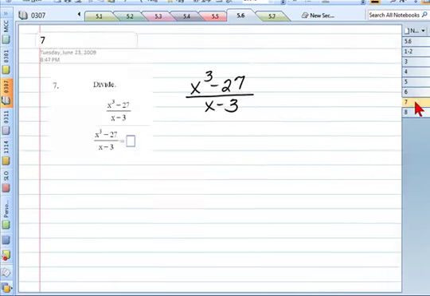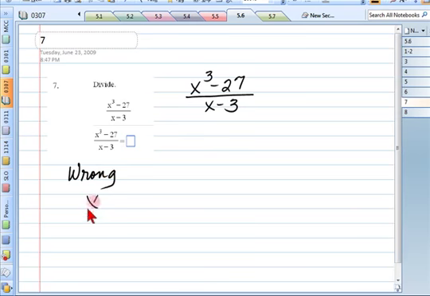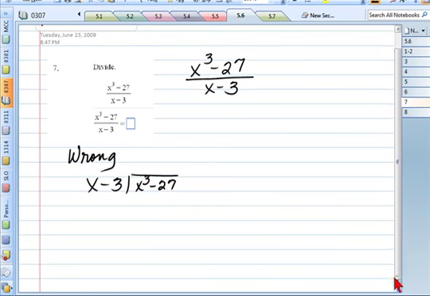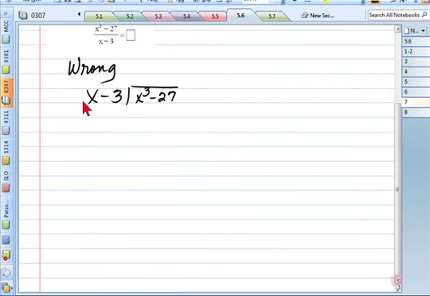All right, I'm going to do something on number 7 that's wrong. Don't write it down, unless you want to write down that it's wrong. If I just jump in here and start dividing, watch what happens. What would you have to multiply x by to get x to the third?